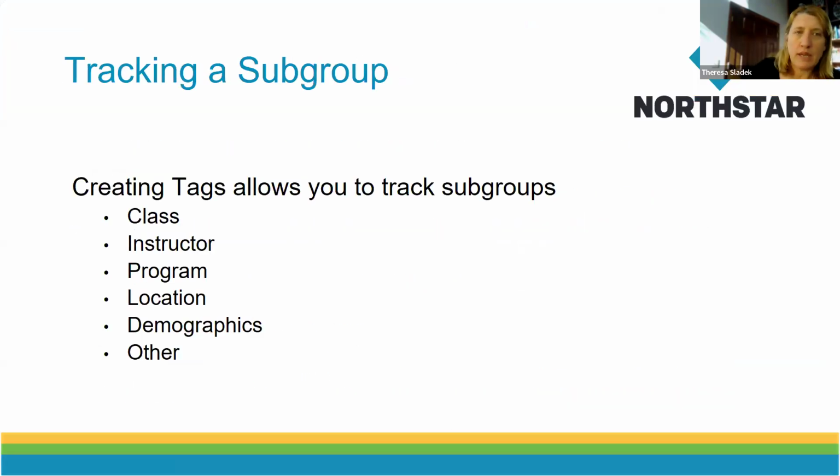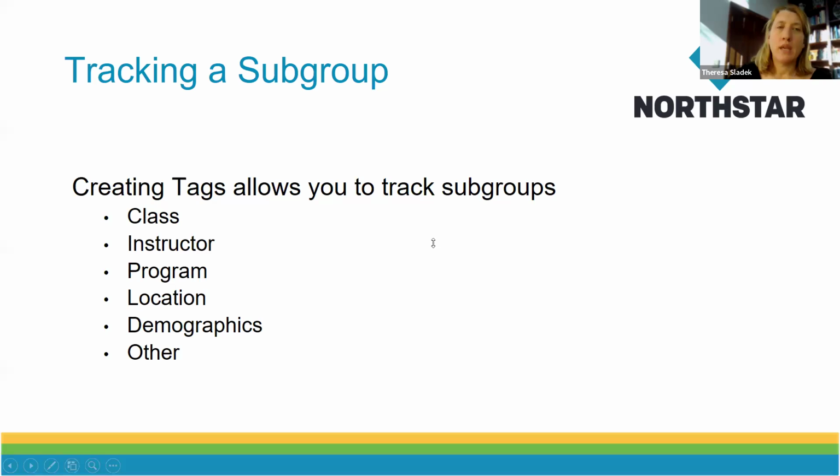So the first thing I want to talk about today is how and why you might want to track a subgroup of people or do a sub-report. The default in Northstar for all reporting is that it would show you everyone at your college. Sometimes you want to see that and sometimes you don't.